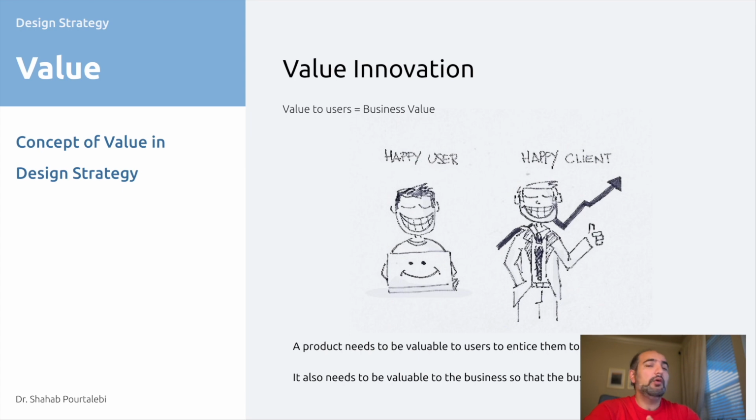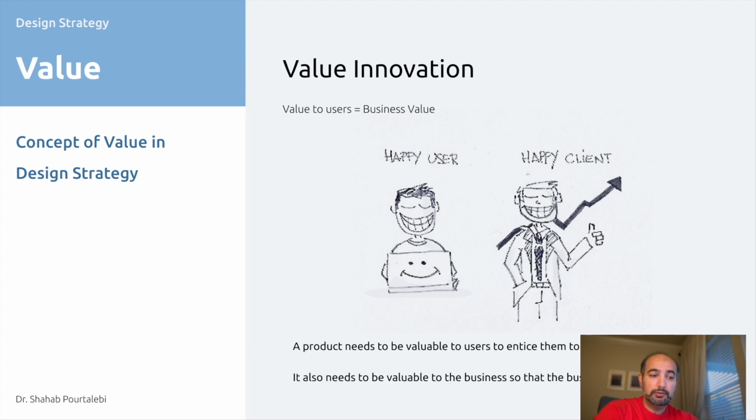It always starts with this idea that if I offer this value to my user, my user would be happy, and then I would be able to convert that user value into business value through some monetization strategies. So a product needs to be valuable to users to entice them to use it continually.